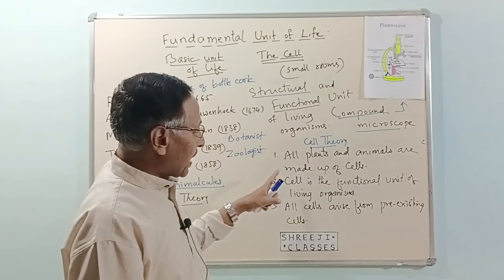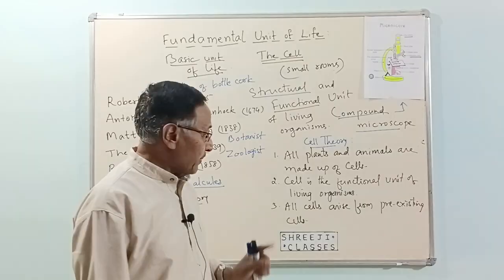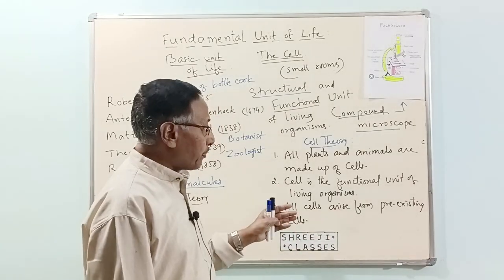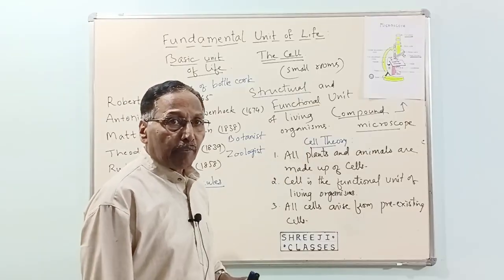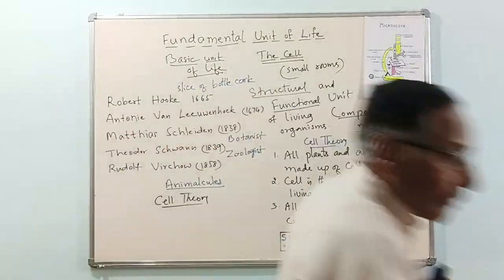All plants and animals are made up of cells. Cell is a functional unit of living organisms, and all cells arise from pre-existing cells. These are the three postulates of cell theory formulated by these scientists. Right?